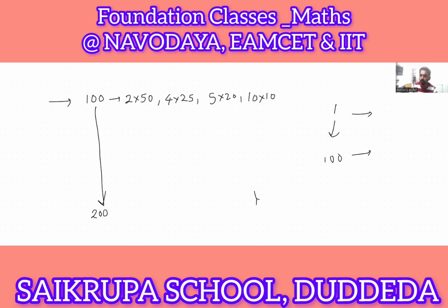So 2 into 20, 3 you cannot write, 4 into 10, 5 into 8, 7 you cannot write, 8 into 5, 10 into 4. So now 2, 4, 5, 8, 10, 20.